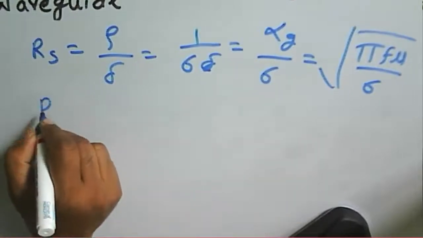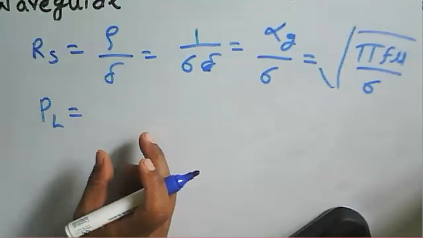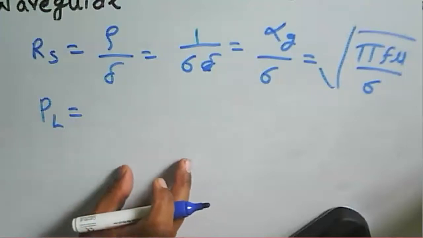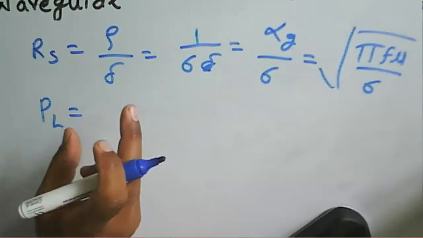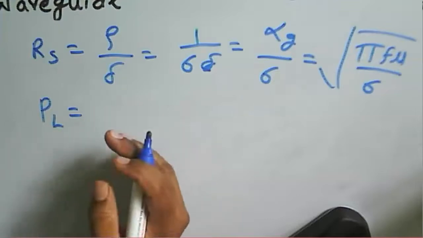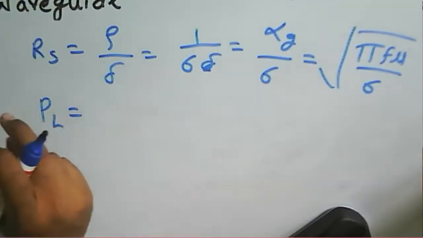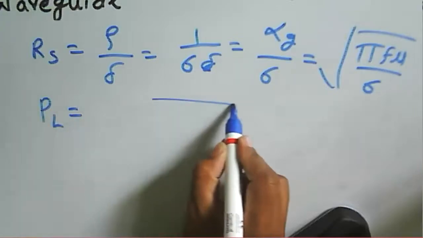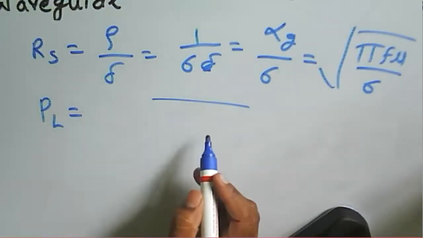So we talk about what will be the power loss per unit length of the guide when we consider the field component, because we have the surface component for the guide wall.